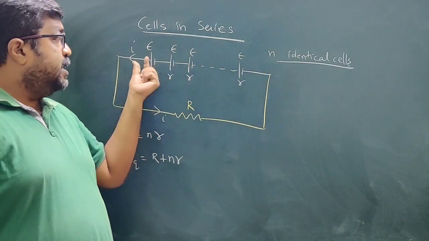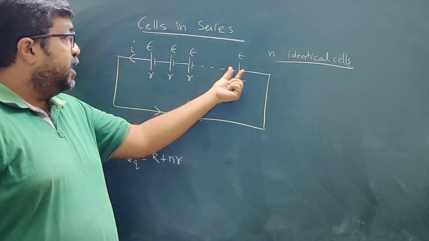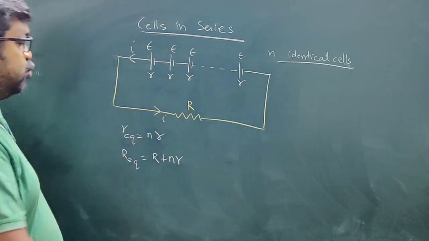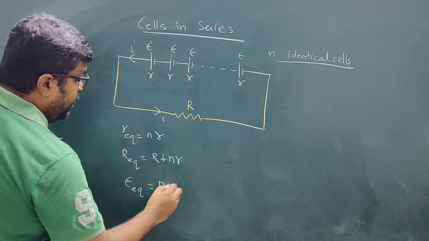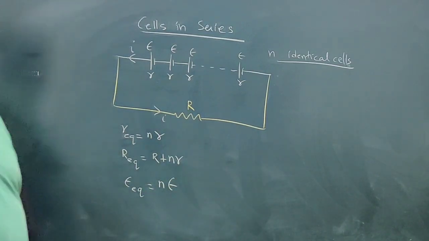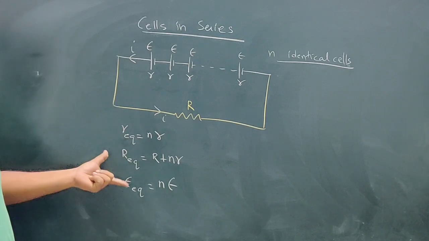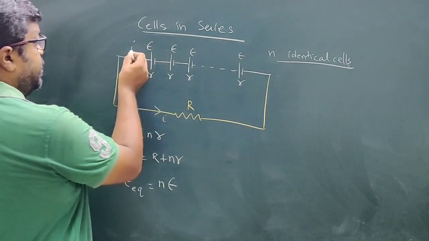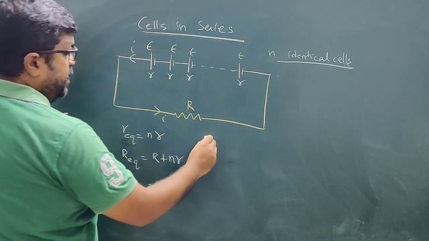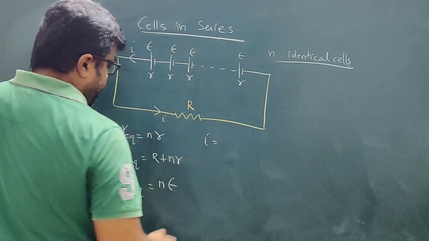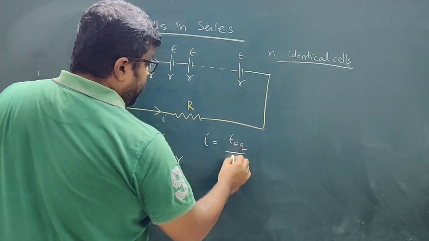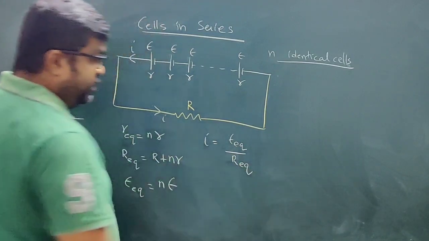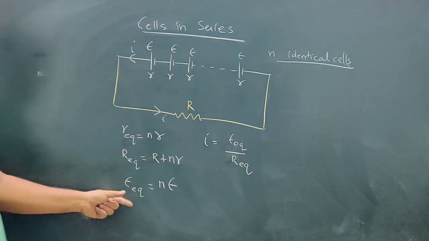And all cells are in series and each of EMF E. So what will be the net EMF? E equivalent will be equal to n times E. Correct? So what will be the current I? I is equal to net EMF divided by total resistance R equivalent.